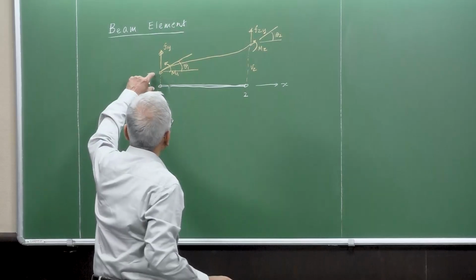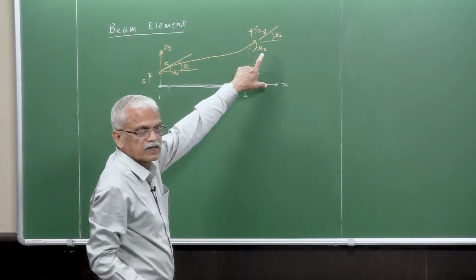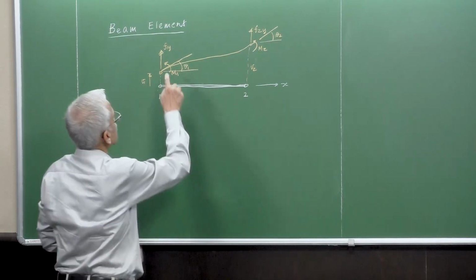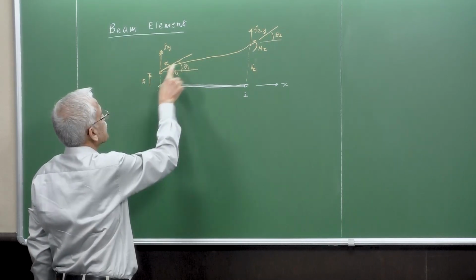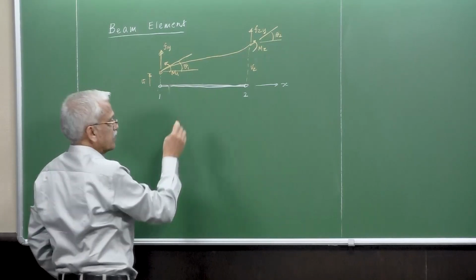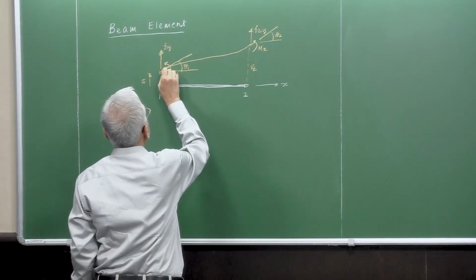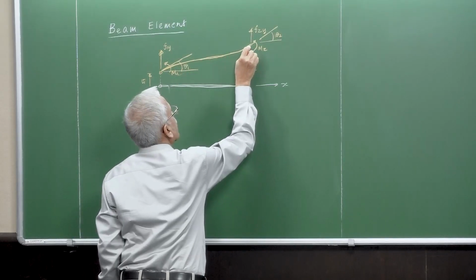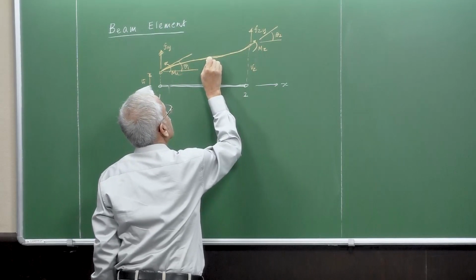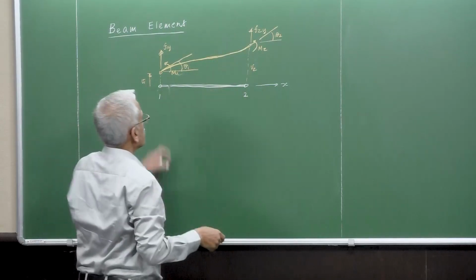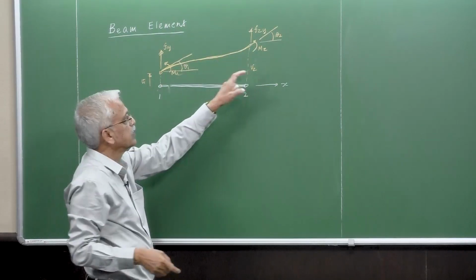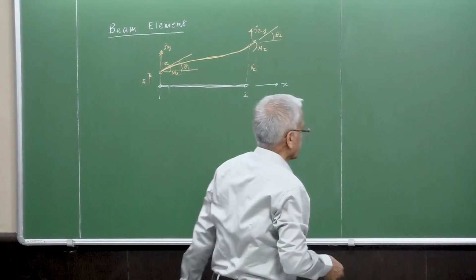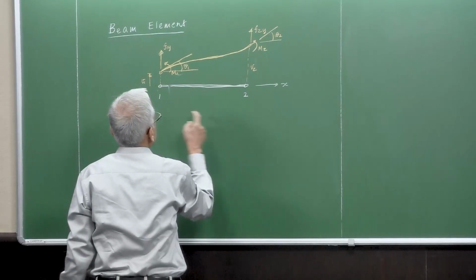So V1 is the vertical deflection here, V2 is the vertical deflection at node 2, together with the slope theta 1. So slope is measured from the horizontal axis to the tangent of this beam. So the beam has taken this shape, a vertical deflection as well as going through a slope. All these deformations are really exaggerated, but this is the configuration.